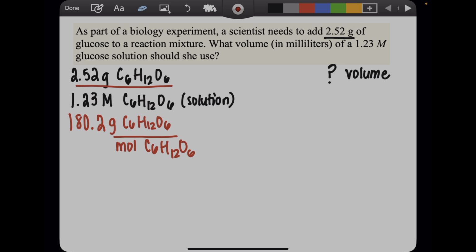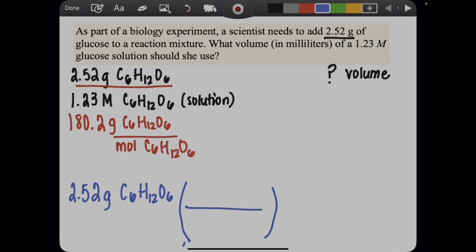We'll do it in another color just so it's obvious. So let's do that in blue. We have 2.52 grams of glucose. And we actually need to change that into moles.